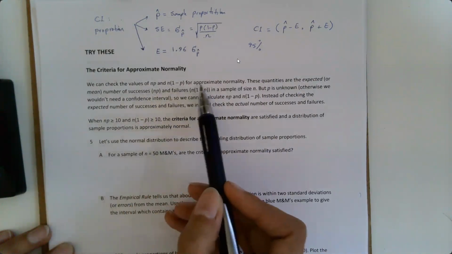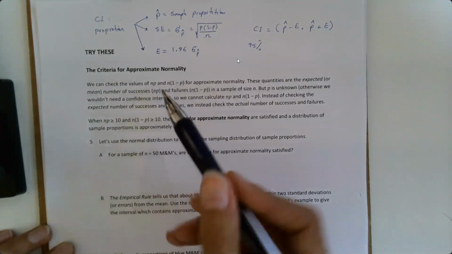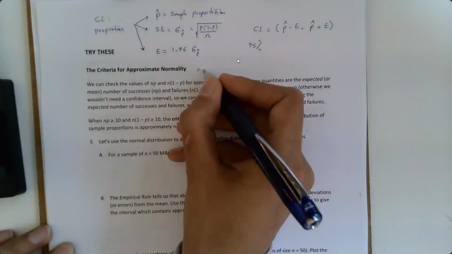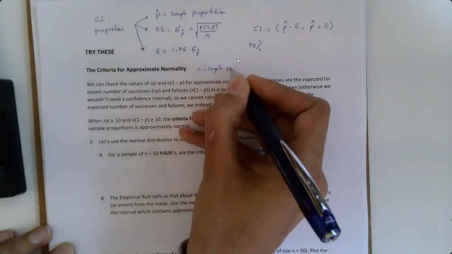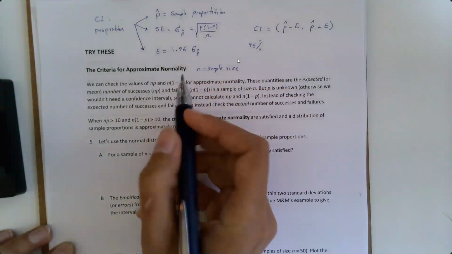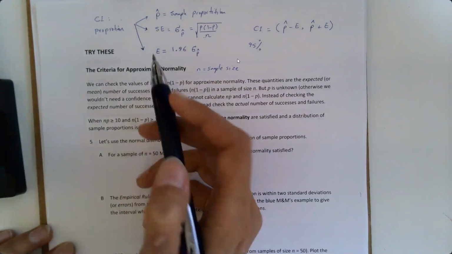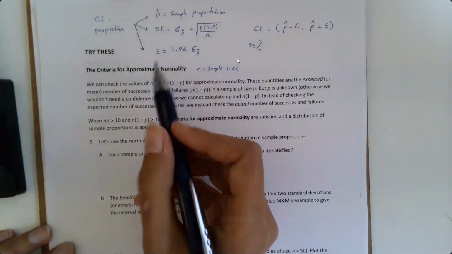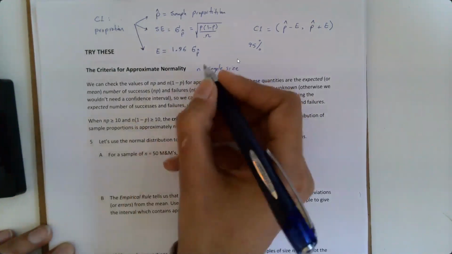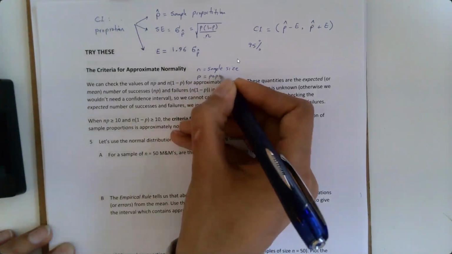So what is n? n is the sample size or population size. In general, n is size. And p in this case, note that p doesn't have a hat on top of it, so it's not related to the sample. It is just population. p is the population proportion.